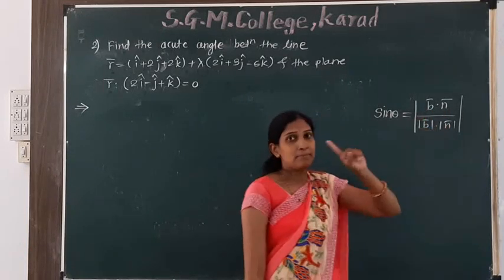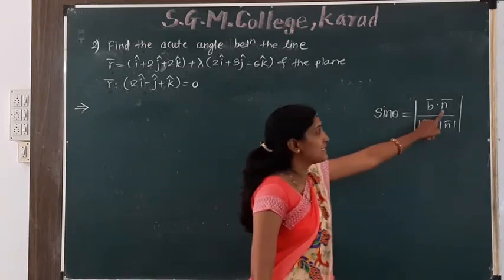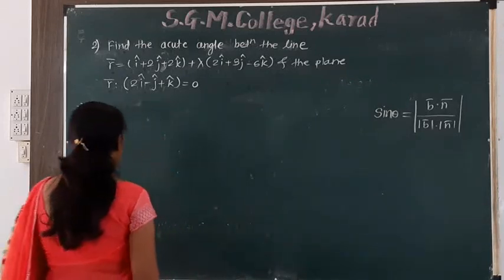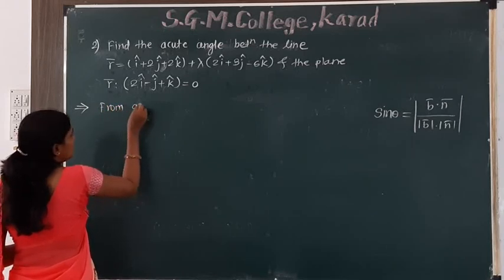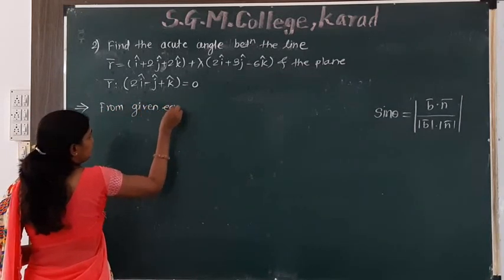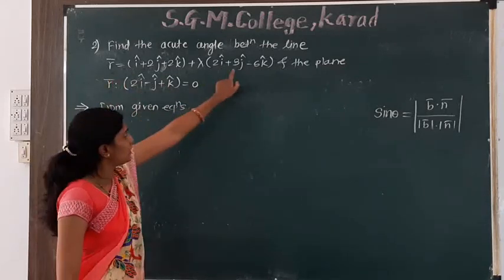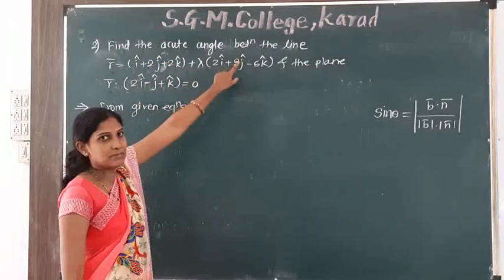What is b bar? b bar is a parallel vector to the line. And what is n bar? n bar is a normal to the plane. So from the given equations, this is the equation of a line, r bar is equal to a bar plus lambda b bar.